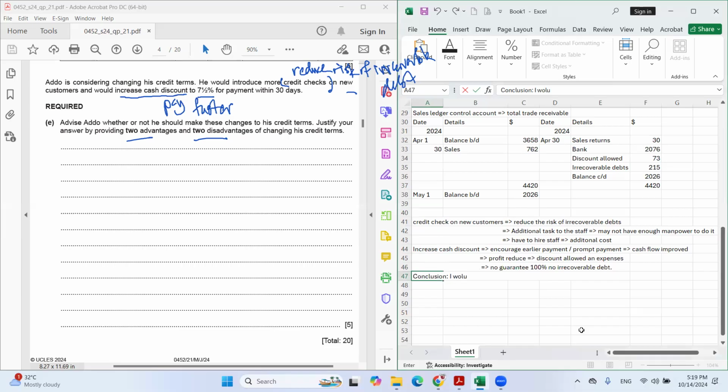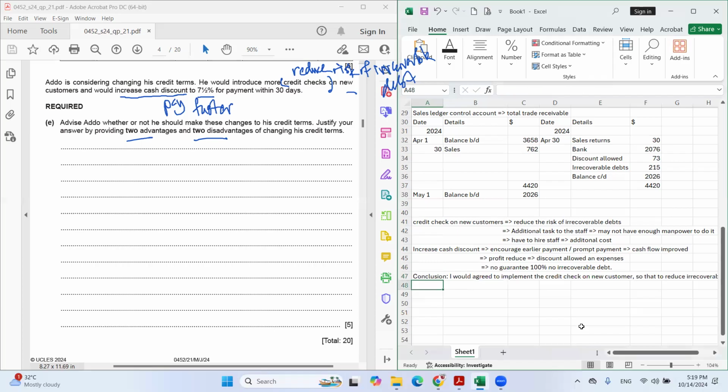I will agree to implement the credit check on new customers so that it reduces irrecoverable debt.